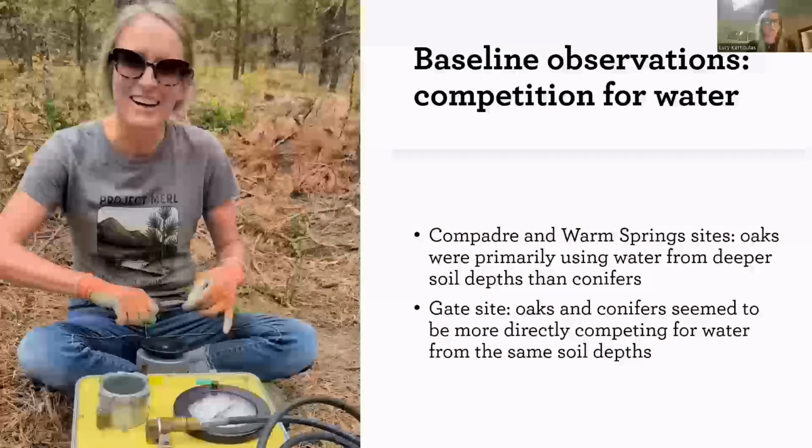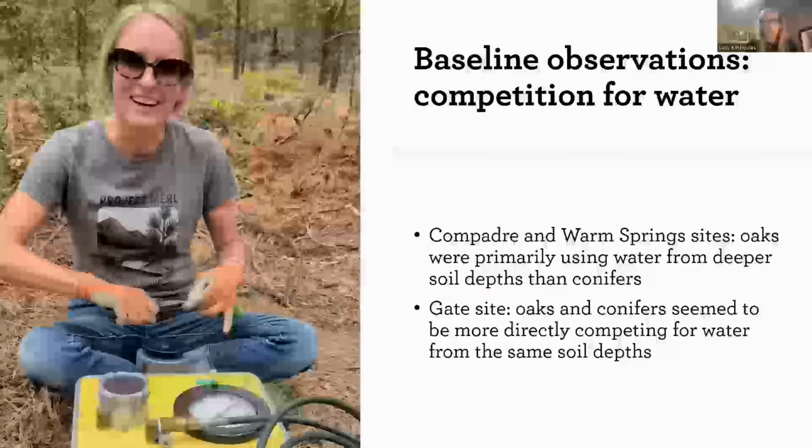So it was interesting to see that at one site, there seemed to be greater competition between these two dominant overstory plants, whereas at the North Compadre and South Log Spring sites, there was more of a niche partitioning of this limiting resource in the soil.